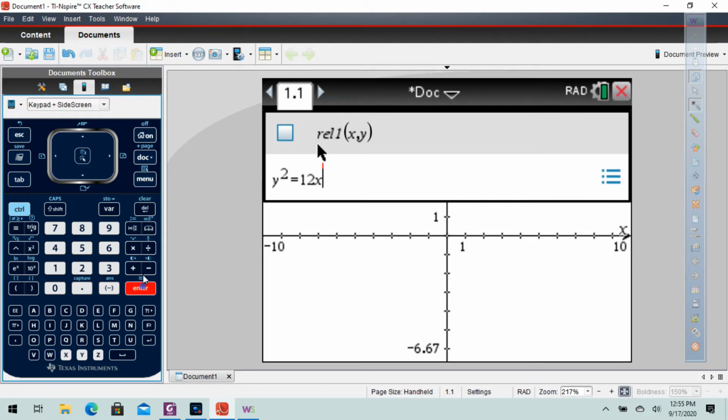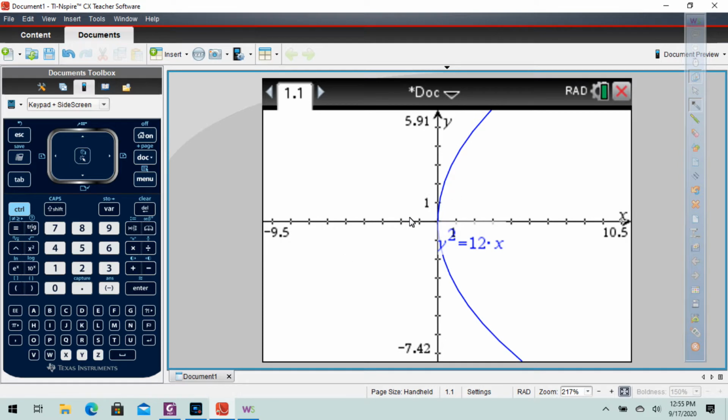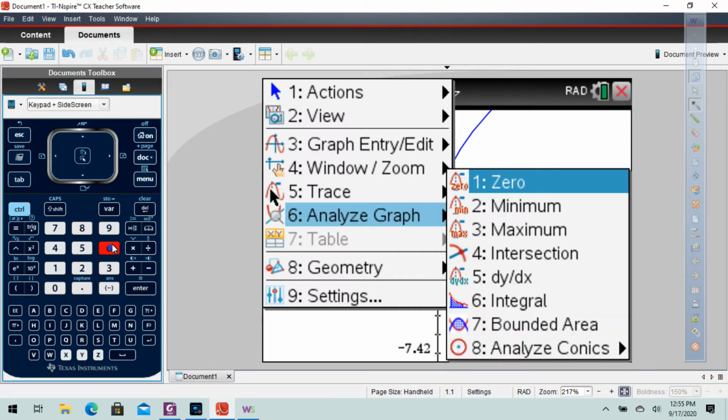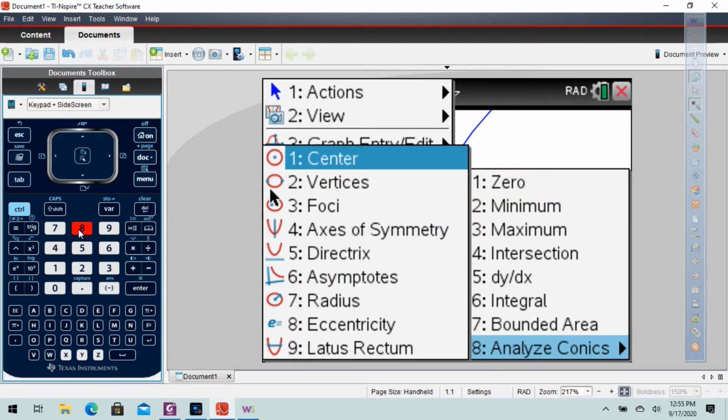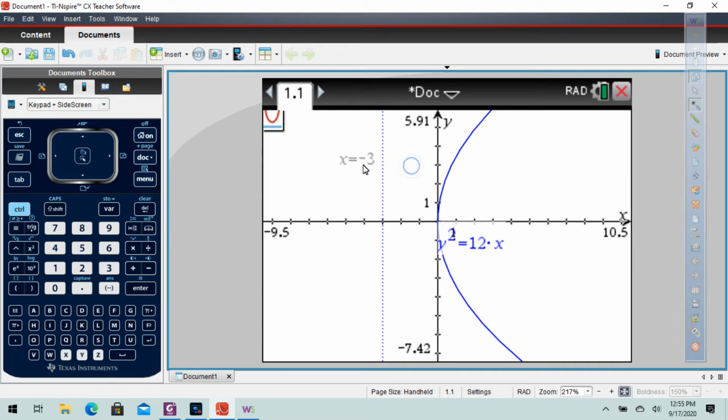That was the equation we found. All right, good. It gave us the directrix and the focus, and let's check those. Menu, 6 for analyze graph, 8 for analyze conics, and then the directrix is 5. So let's press on 5. And then we highlight that, and we got x equals -3.